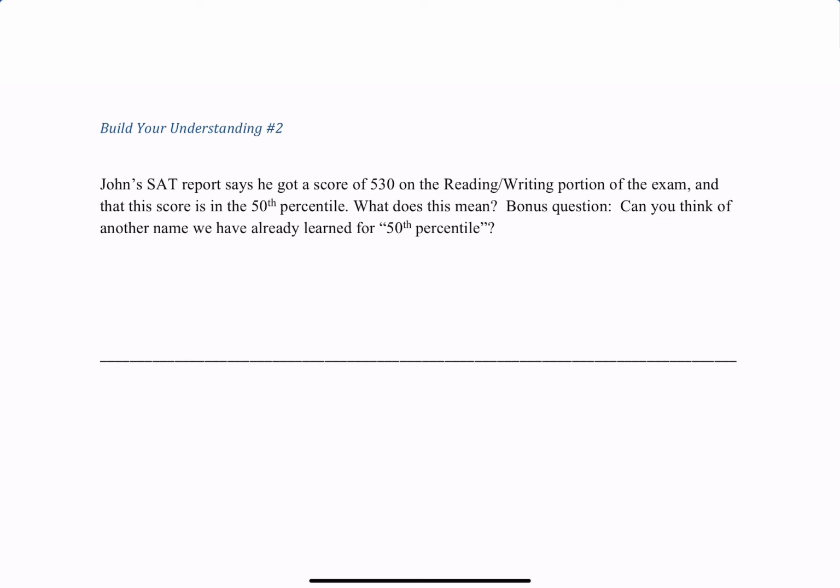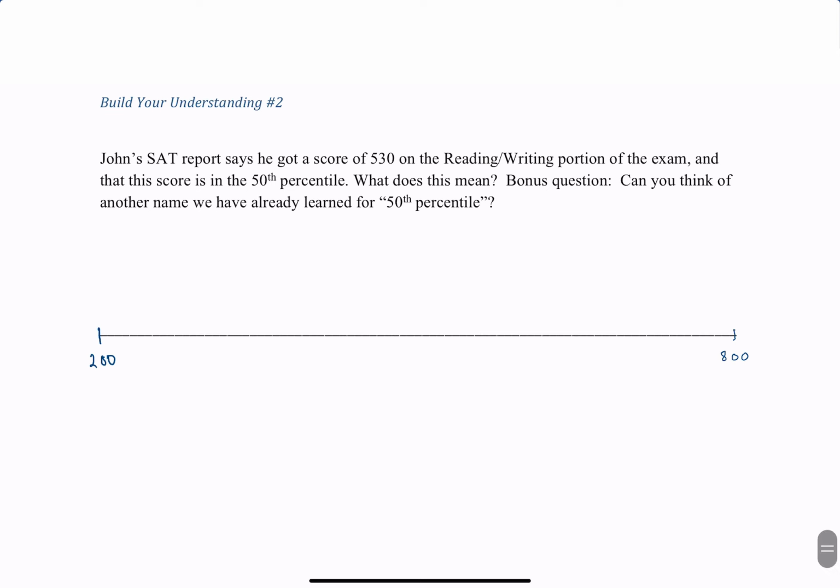And then bonus question, can you think of another name we have already learned for 50th percentile? And I'll just start you out by telling you that for the reading writing portion, the possible scores also go from 200 to 800. Okay, so pause the video here, please, and briefly do this.